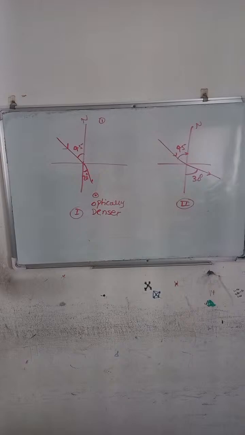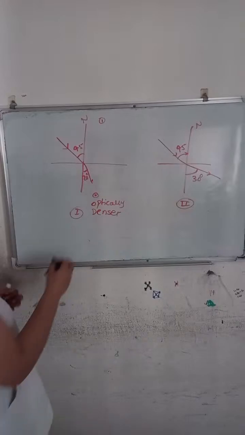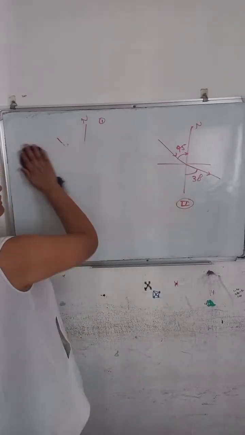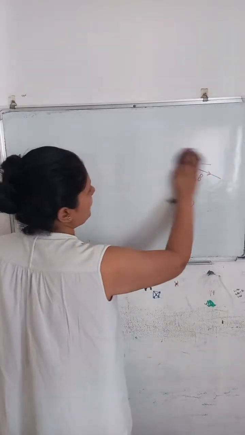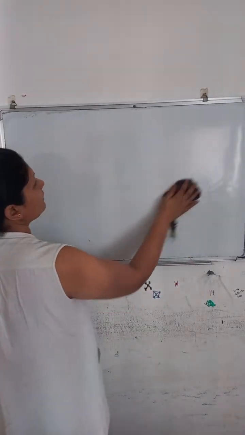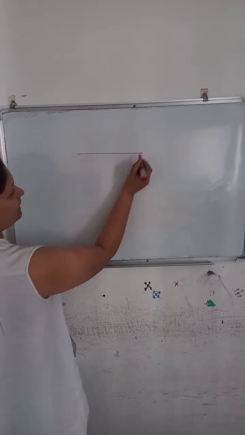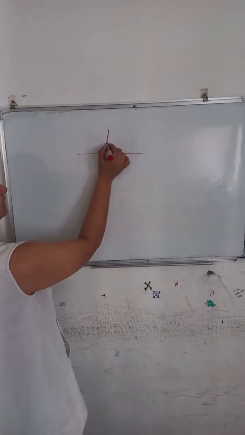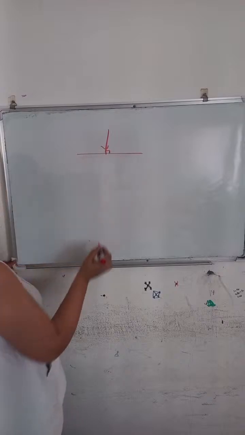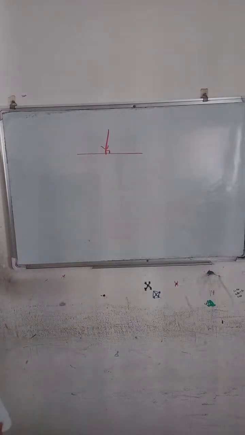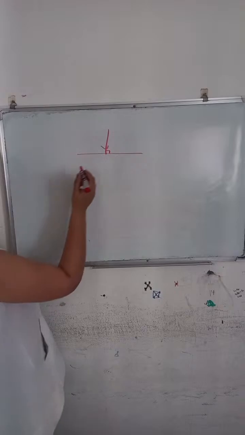So in the first question, there is a glass slab, and an incident ray which is incident on the glass slab normally. Normal means 90 degrees. Suppose I am taking the edge of the glass and the incident ray is perpendicularly incident on it.